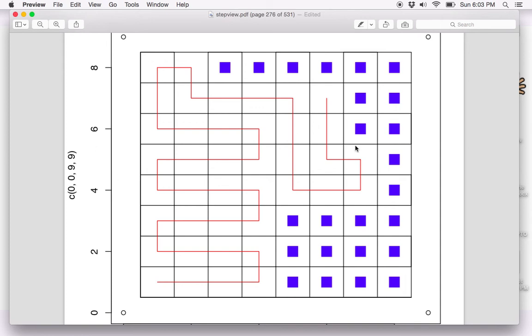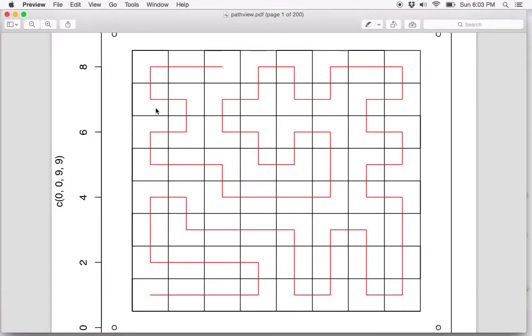But let's go ahead and move over to this one. So here are 200 solutions. These are all solutions, so I'm just going to move through those a bit. You can see one solution here, and hopefully you saw that small change there.